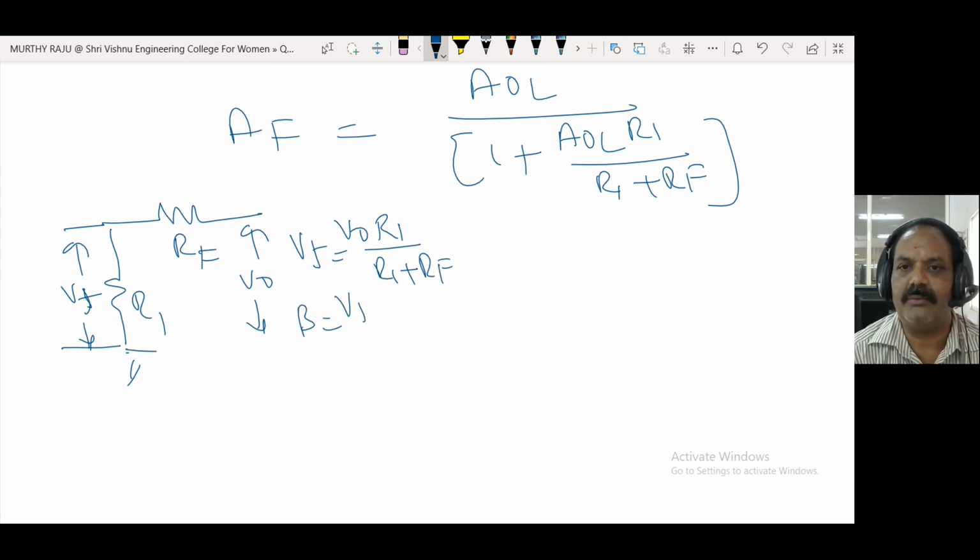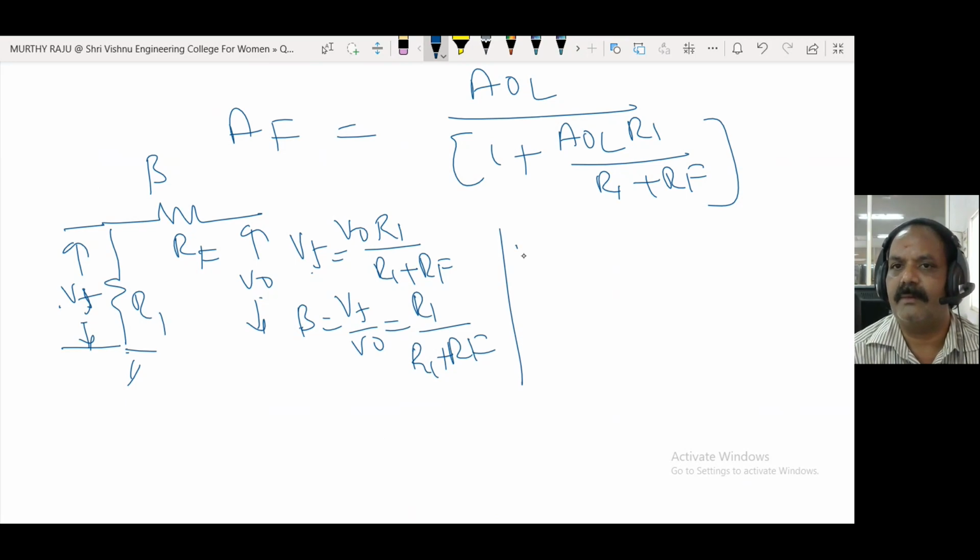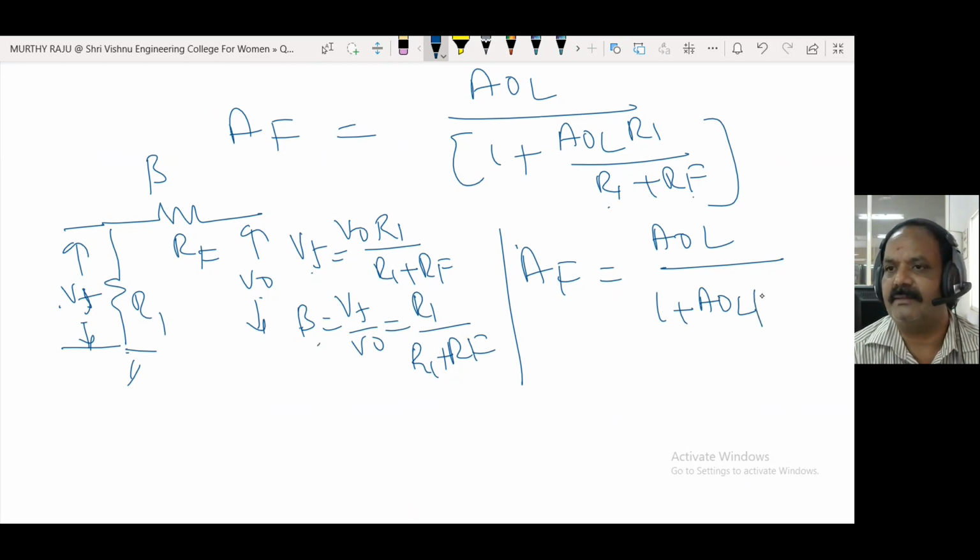Beta is equal to VF by V0, the feedback factor, so beta is R1 by R1 plus RF. Substitute beta here: AF is equal to AOL by 1 plus AOL beta.